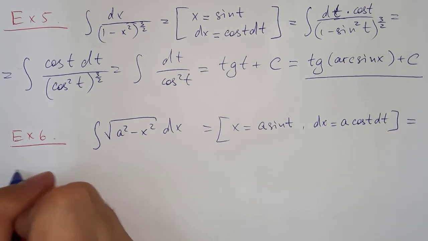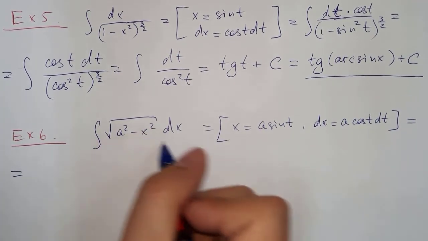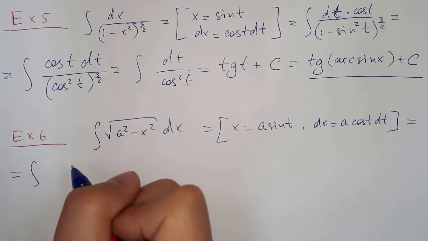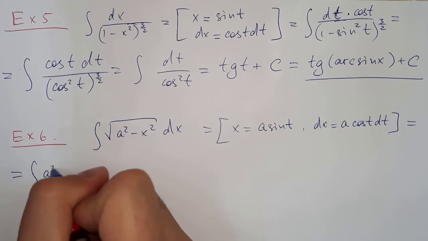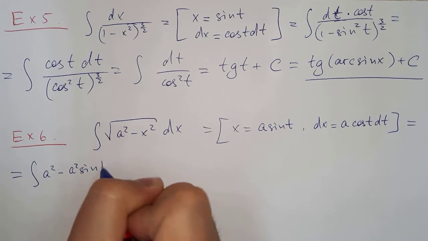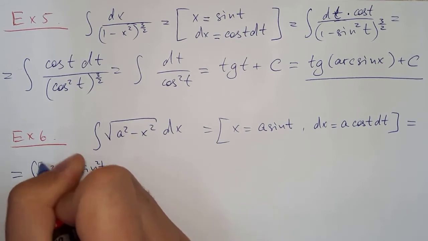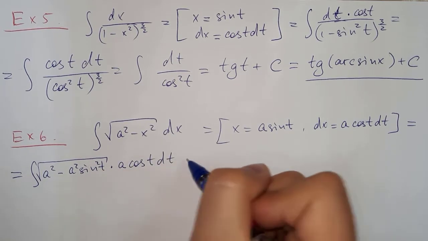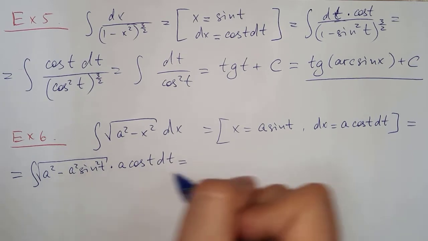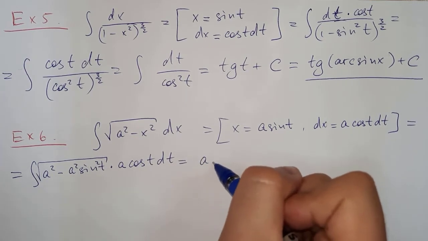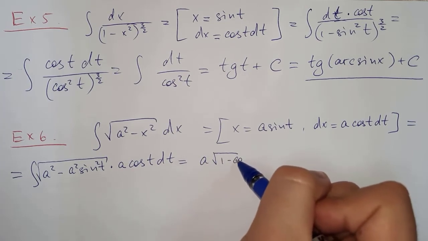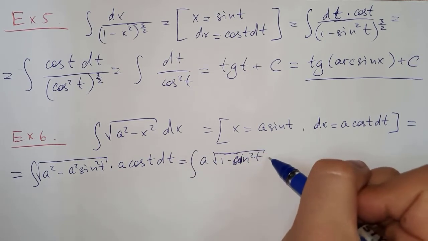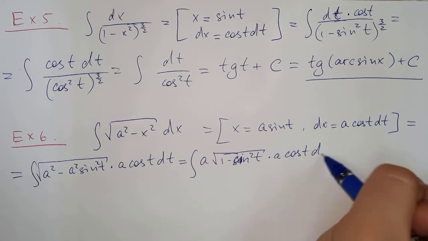Okay, now let's continue and put this into our integral. We get the square root of a squared minus a squared sine squared t, times a cosine t dt. We can factorize a squared, and write a squared times 1 minus sine squared t, times a cosine t dt.